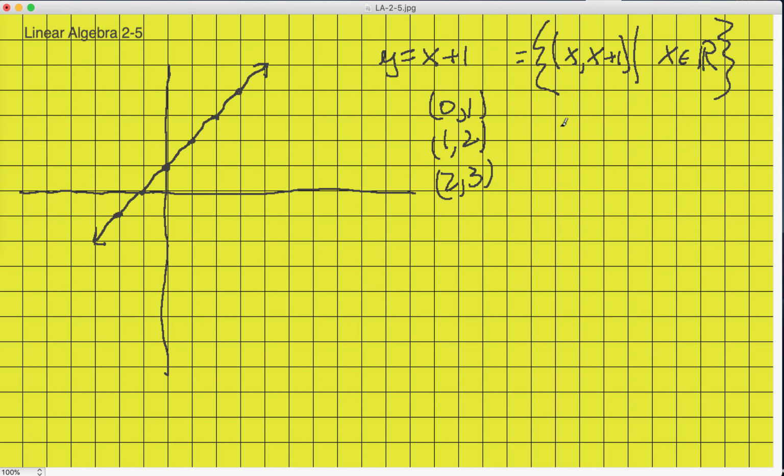There's no zero, there's no identity in here. This thing is not in this set. So the conclusion is this is not a vector space.